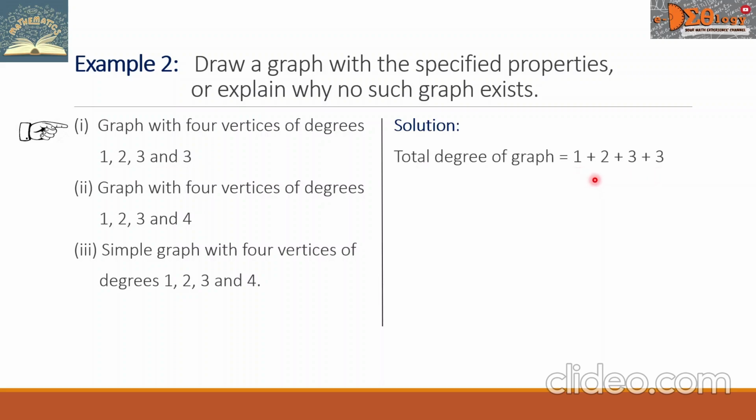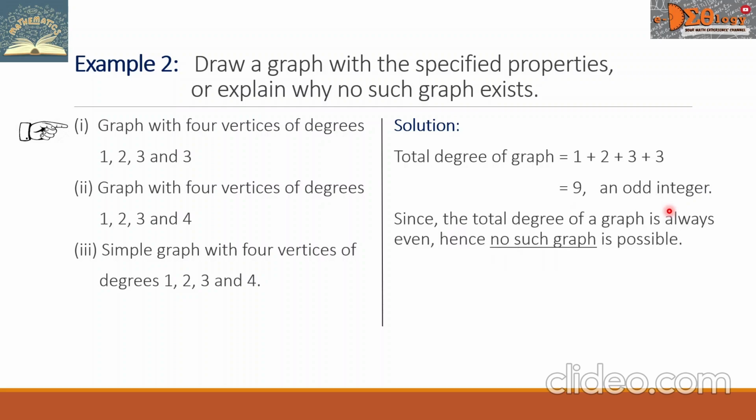So we have 1 plus 2 plus 3 plus 3, which is 9, and this is an odd integer. Since the total degree of a graph is always even, no such graph is possible. For the first scenario, we say there is no graph.